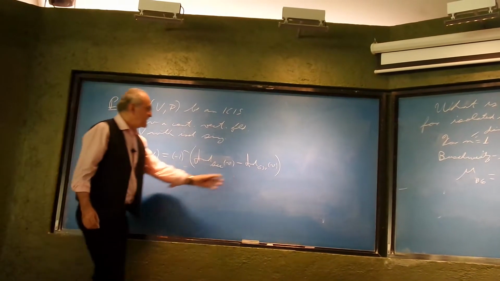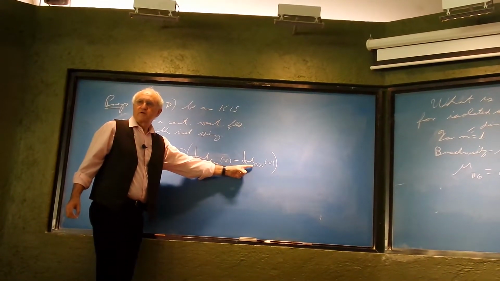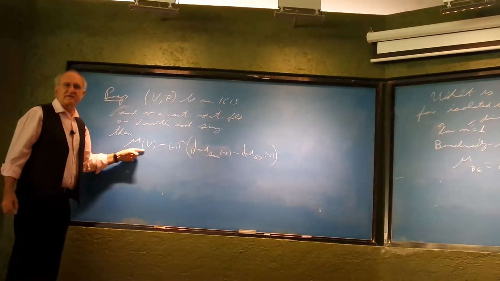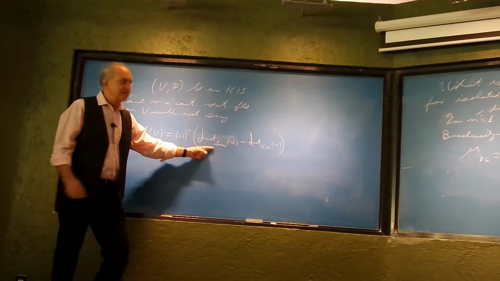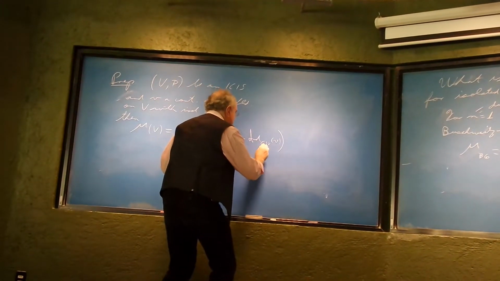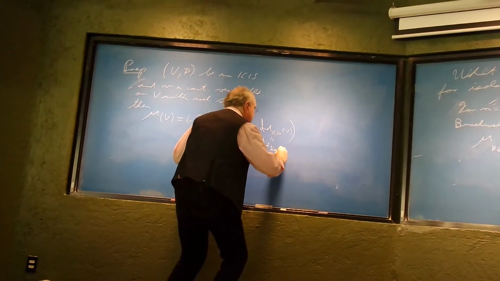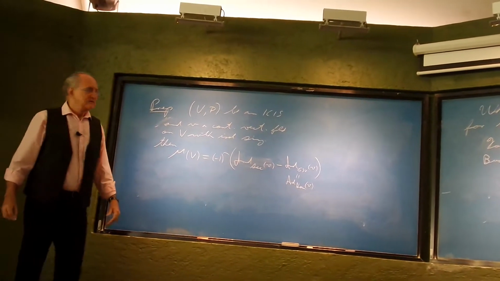Now, this guy is only defined for complete intersections. This is defined always. And this coincides with the homological index, which is defined always.